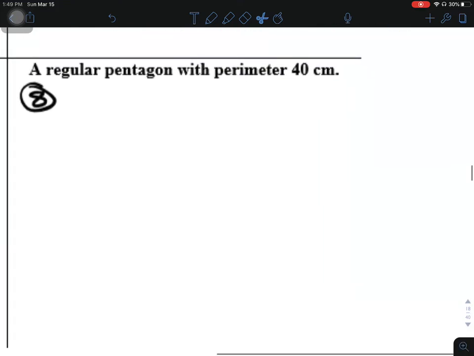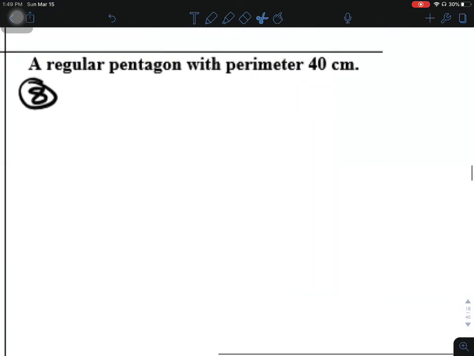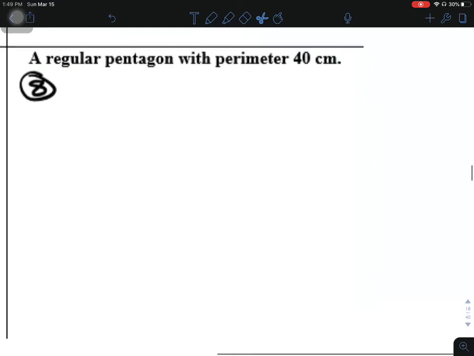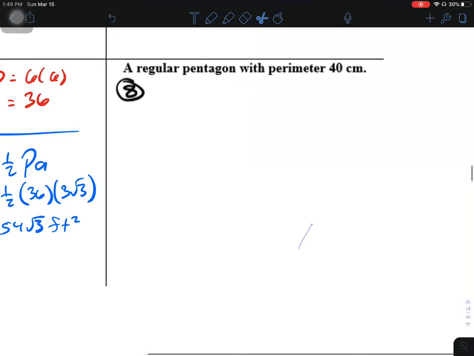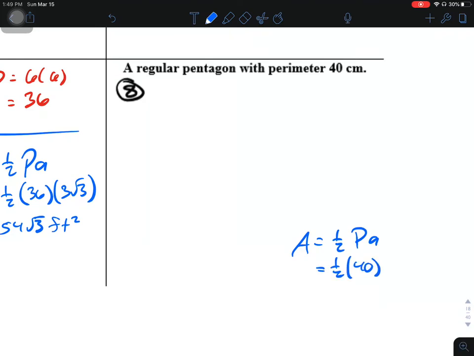Lovely. Number 8, a regular pentagon with a perimeter of 40. Well, the area is 1/2 the perimeter times the apothem, and we already know the perimeter is 40. I'm going to make a drawing for this.